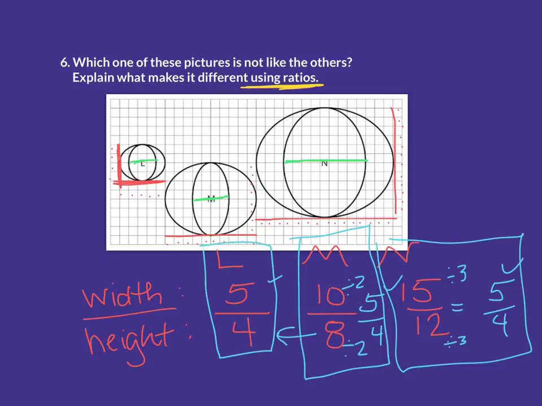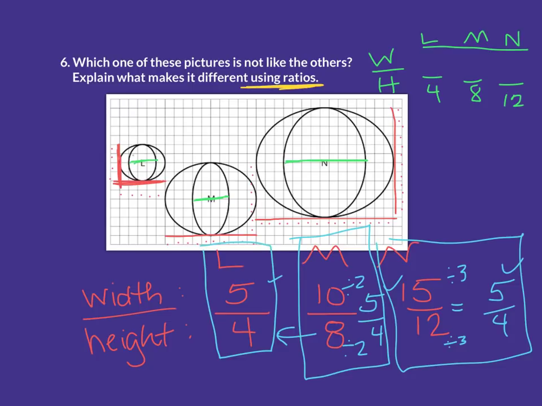So I'm going to do width over height, and I'm going to have shapes L, M, and N. I've already got the height for all of them. The height for L is 4, the height for M is 8, and the height for N is 12. So all I have to do is go back and find the width of the inside part.